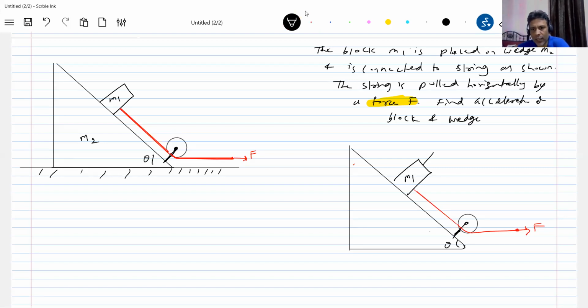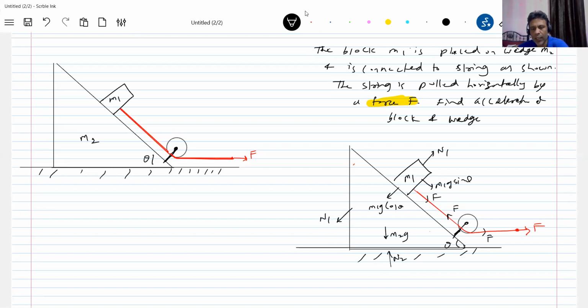So what are the forces that will be acting? N1, M1g cos theta, M1g sin theta, F, this is F. Weight M2g, then the normal reaction by the ground, N2.